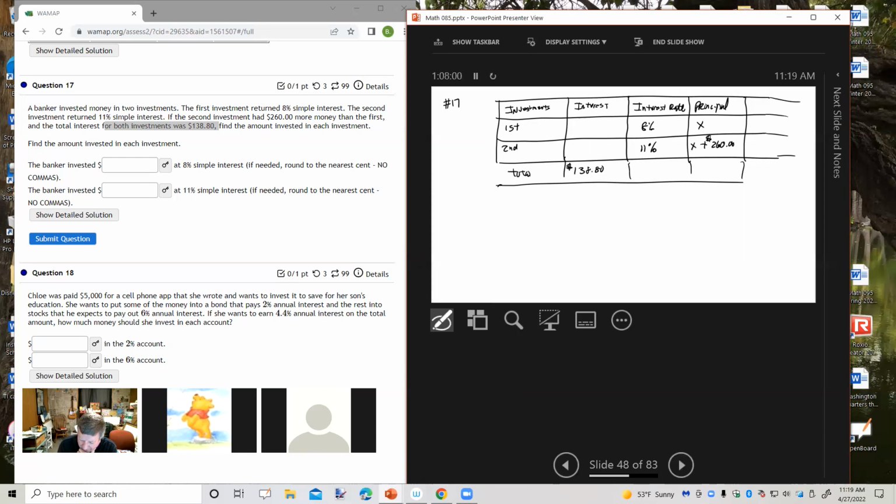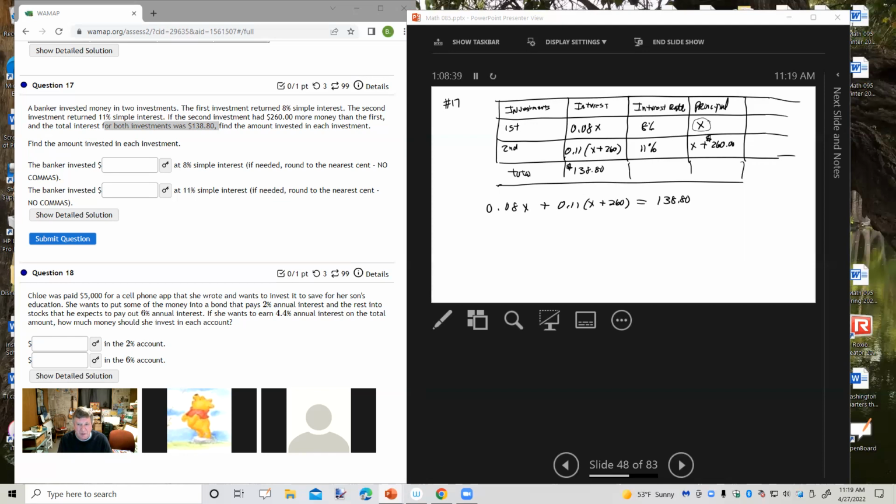If you invest X amount of dollars at 8%, what would the interest be? It would be 8% of X. Notice I converted the 8% into a decimal number. If I invested X plus $260 at 11%, that would be 0.11 times X plus 260. So the interest from the first investment plus the interest from the second investment would equal the total interest.